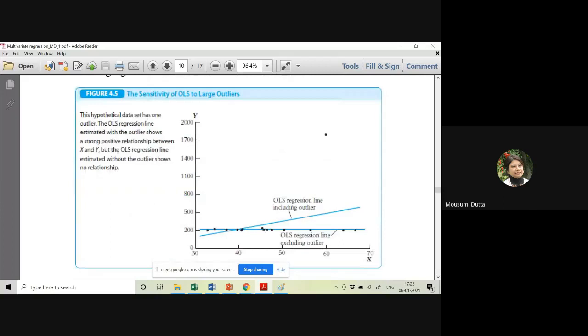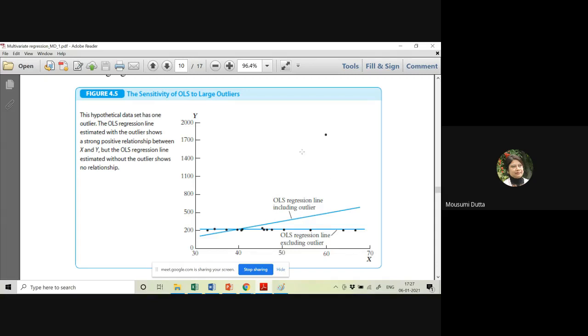Now, to have a pictorial presentation, this is an outlier. All observations are here, only this observation is here. If you consider this observation too, you will get this kind of positively sloped OLS line, including the outlier.